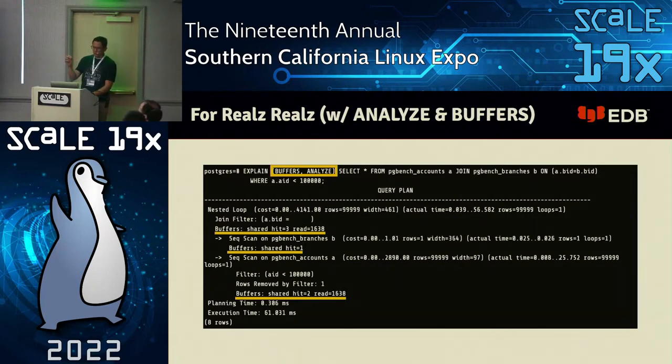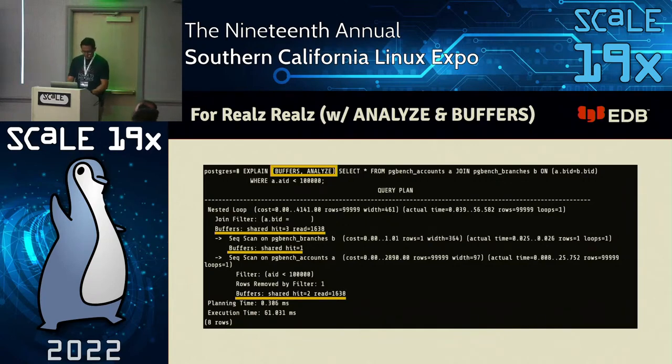So it found 2, and then it had to read 1638 buffers from disk. So this was a read-heavy operation. It pulled data from disk and put it into memory for you. If you run this query several times, you might be able to hit more buffers in memory, and thereby get a lower execution time. But in this example, the first run pulls a lot of stuff off of disk.